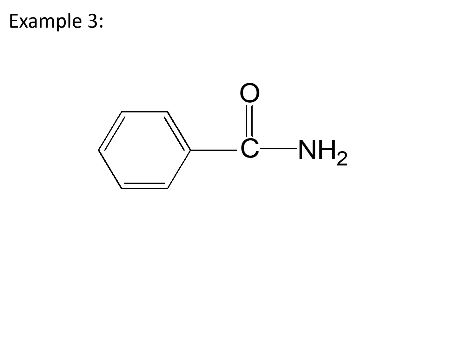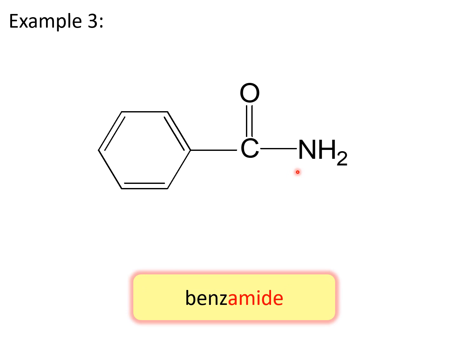Similarly, when this C double bond O is attached directly to OH, you call it benzoic acid, am I right? When you change it to NH2, the name will be benzamide.